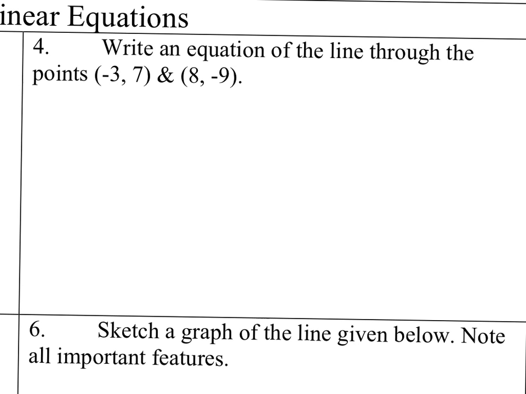I've got to write an equation through 2 points. That means I'm probably going to be using point-slope form. First, I've got to find the slope. 7 to negative 9 is going to be negative 16. And from negative 3 to positive 8 is going to be positive 11. That's my slope. I can use either point.